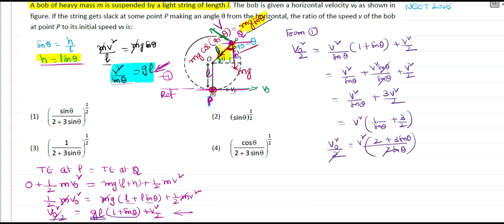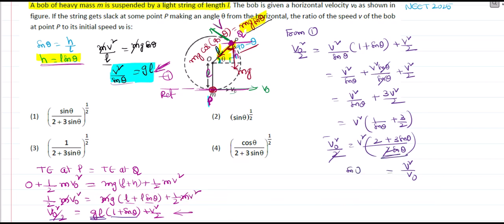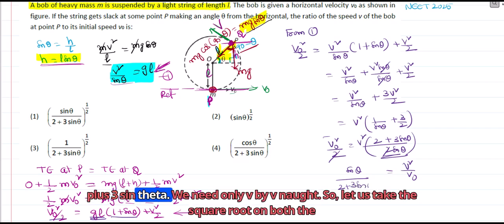So I can rewrite V square by V0 square. I have taken this V0 to that side, and all the other terms to this side. Sin theta by 2 plus 3 sin theta. We need only V by V0. So let's take the square root on both the sides.